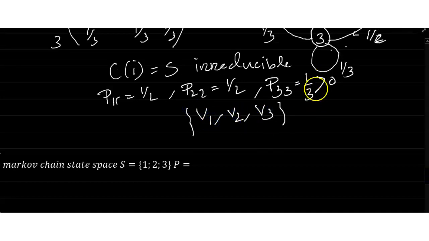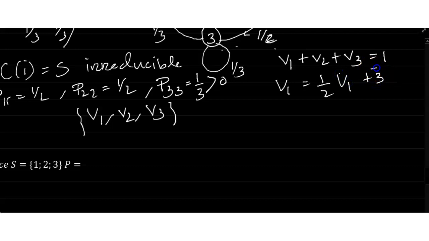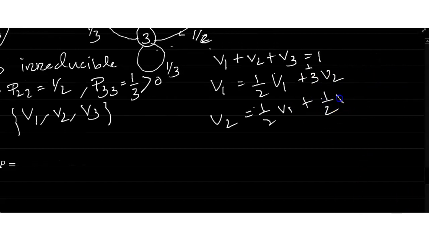and V1 plus V2 plus V3 equals 1, and we get V1 equals half of V1 plus 1/3 V2, V2 equals 1 by 2 V1 plus 1 by 2 V2 plus 1/3, and V3 is equal to half V1.